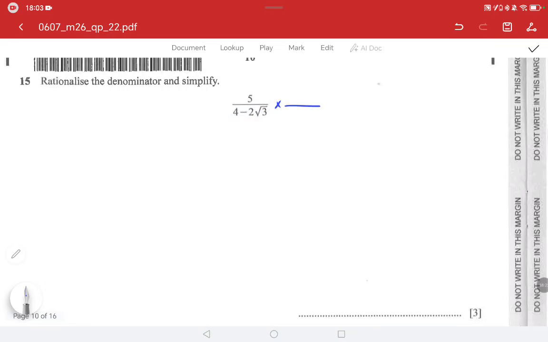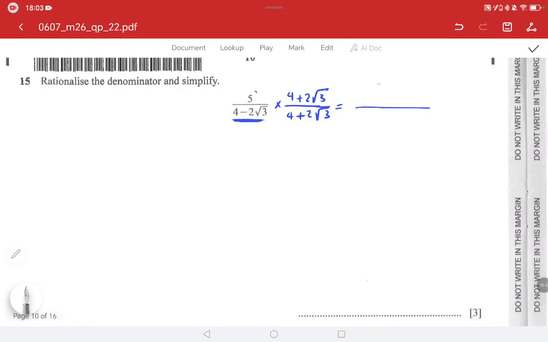We multiply by a similar number but different sign. Like if it's 4 minus 2 square root of 3, you'll just write 4 plus 2 square root of 3. Since you multiply by this one, you have to have the same number to make balance, to not change anything. Now let's see what to do then.